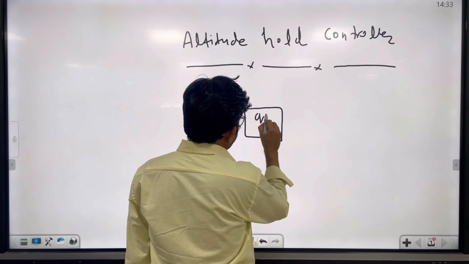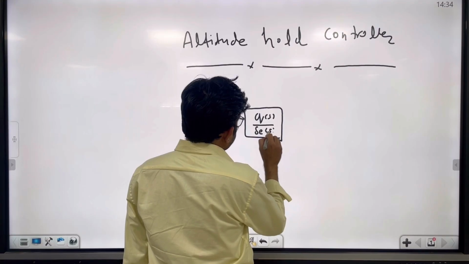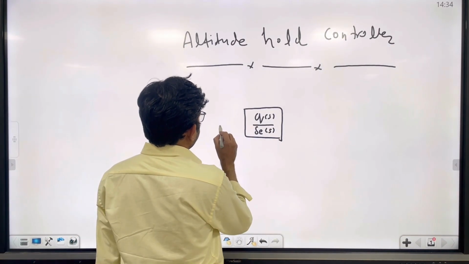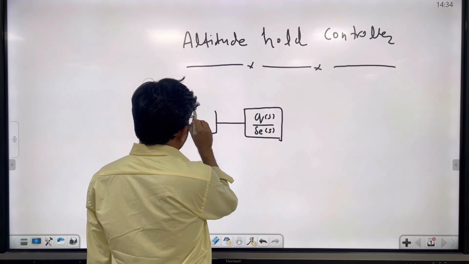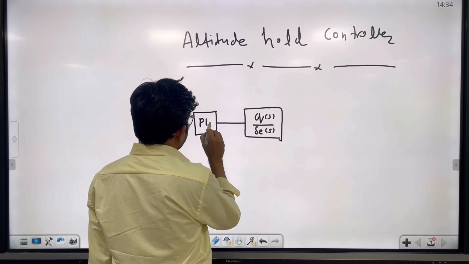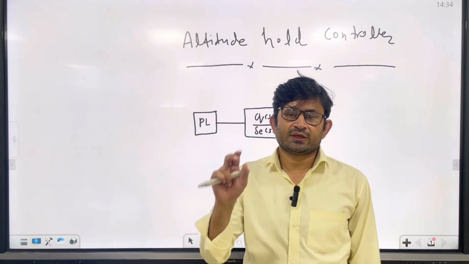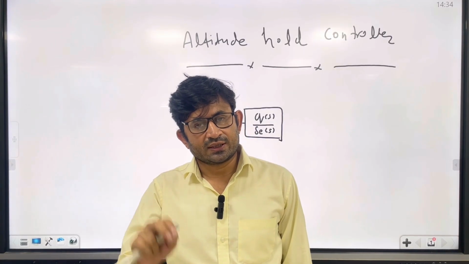q by delta e transfer function, right? And we have imposed the physical limit as well. So in the physical limit, already I explained to you, first you have to put the rate limit, then position limit, and then actuator dynamics.